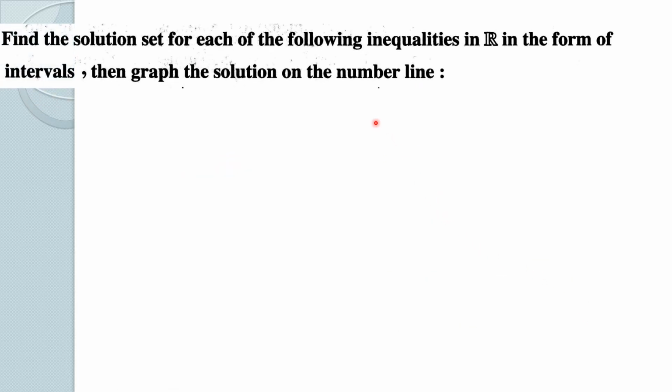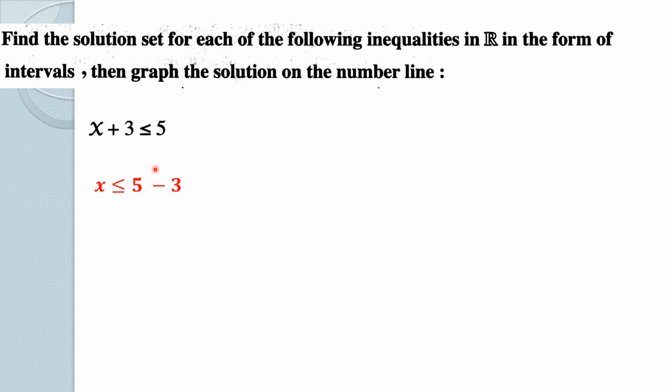Find the solution set for each of the following inequalities in R in the form of an interval. Then graph the solution on the number line. x plus 3 less than or equal to 5. So subtract 3 from both sides.